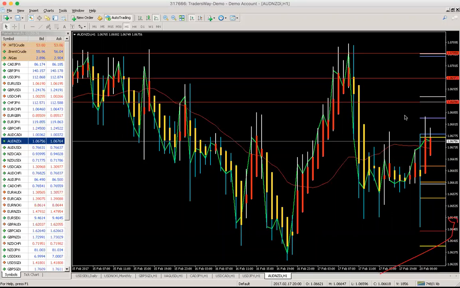Say we had a trail stop, or we could partially close for 25 pips and let the rest of the profit ride for anywhere from 250 to 1,000 pips, depending on your patience as a Forex trader. Not everybody's going to have the same patience or want to stay in the trade for the same amount of time.